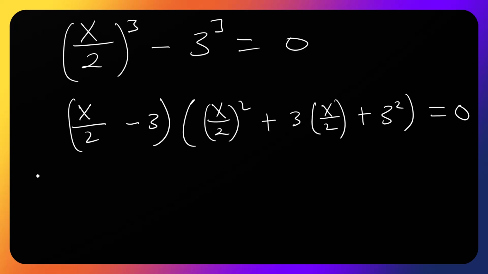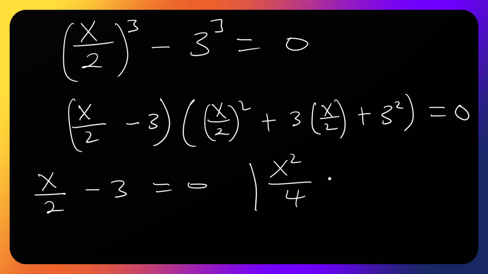So with the zero product, x over 2 minus 3 equals 0, or now let's simplify this. That will be x squared over 4 plus, so this time that will be 3x over 2 plus 9 equals 0.